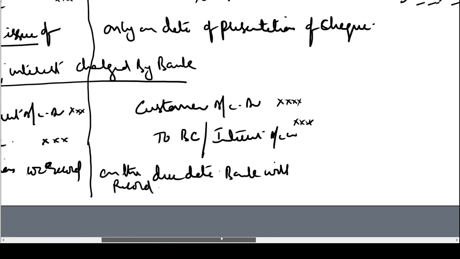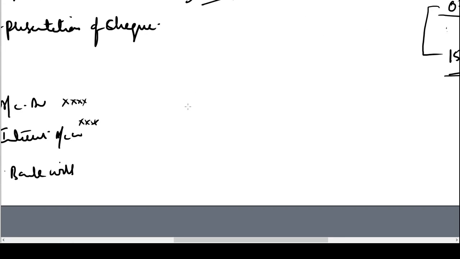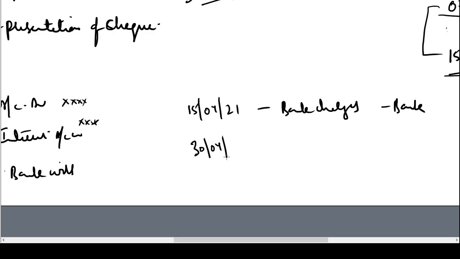Again, let us say on 15th April, the bank has charged some bank charges. Who will record the entry first? The bank will record the entry first in its books of account. I come to know on 30th April, that is the last day of the month, when I go and take a statement. I come to know that some bank charges have been charged by the bank. Then the business is going to record an entry in its books.